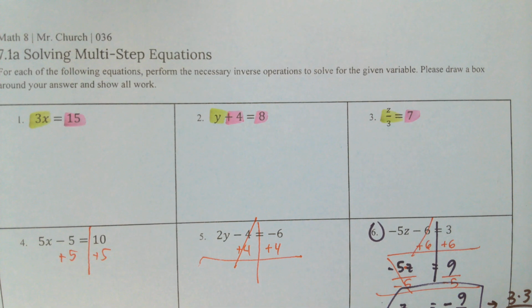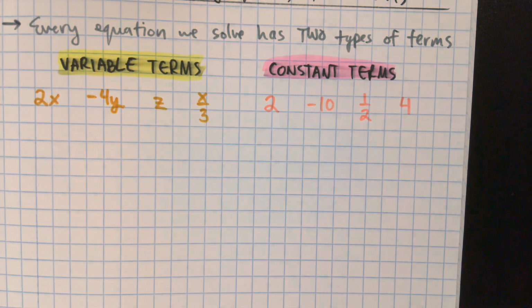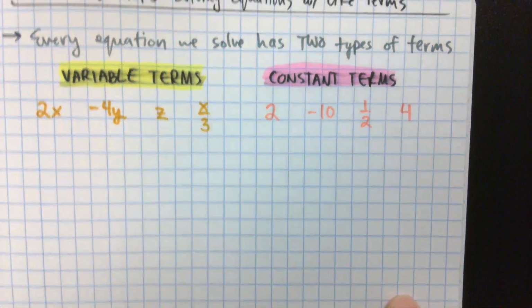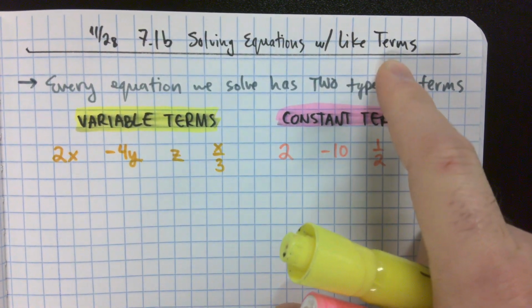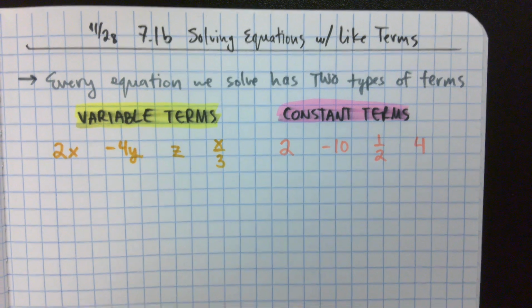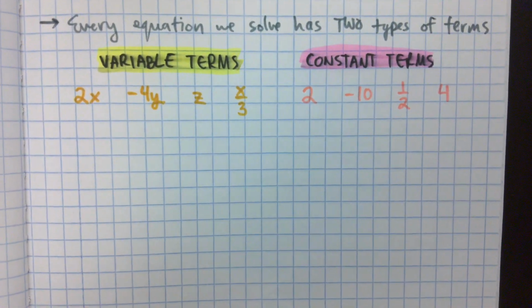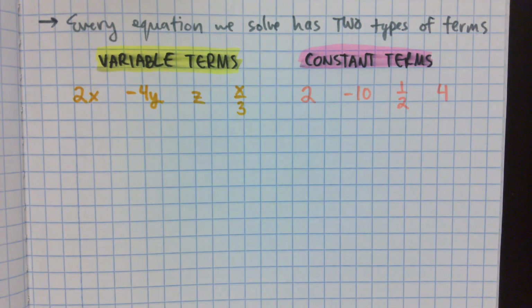The reason why it's important for us to understand the difference between these two is because we can only combine like terms. If you and your best friend are super alike, what does that mean? What would it mean for you and your best friend to be alike?